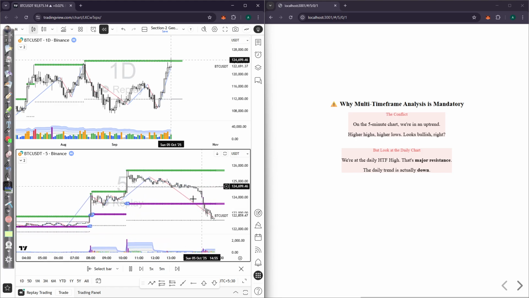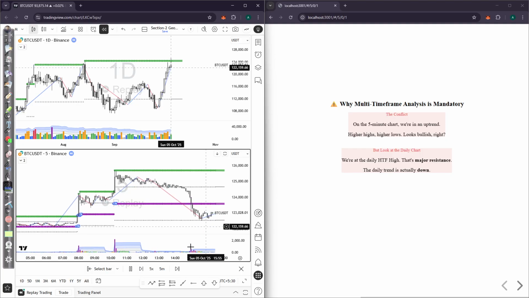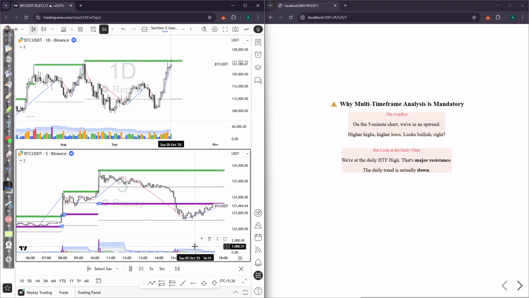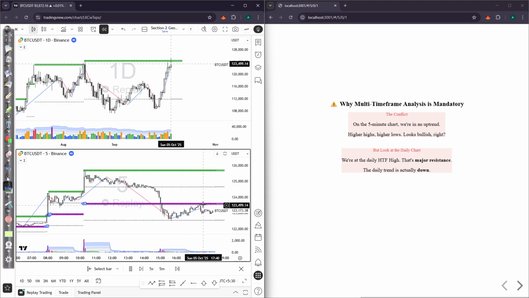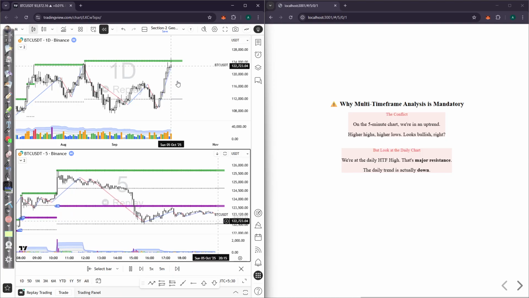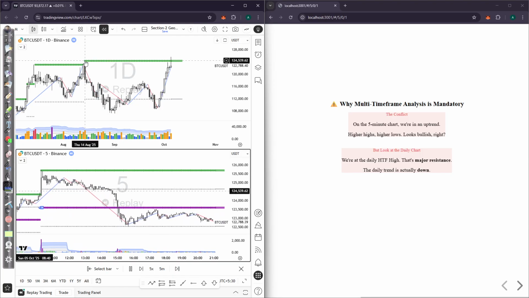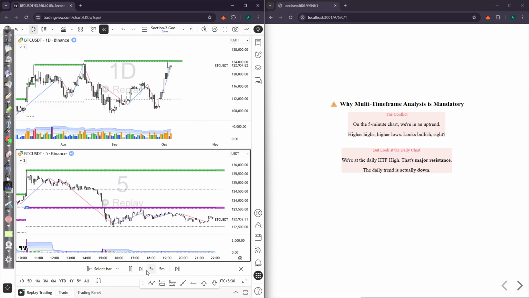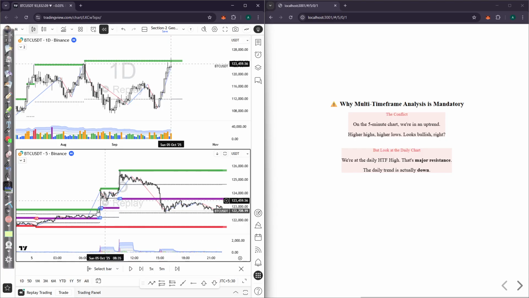Okay, see, big selling came, a lot of good volume, right? And now this we're going to talk about later, what it means, role reversal. But you can see this was a very strong resistance on the higher time frame. Okay, on the 5 minute time frame, it looked like we were making higher highs, higher lows.